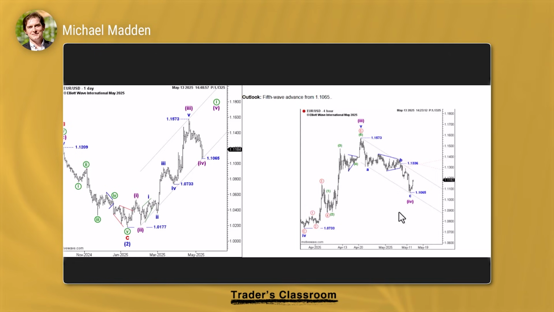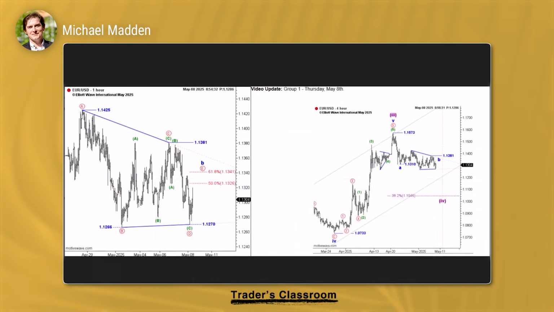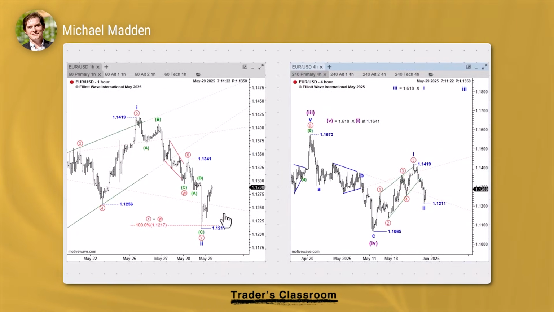And here now is just an example of the push lower into that area, and we can see that we've got a sizable move higher in an impulsive manner, giving us reason to consider that the A equals C relationship is satisfied, and then breaking out of the channel, etc., is the bull's next objective. Key level to work with for the fifth wave forecast. So that's a decent example of the zigzag pattern in real time there for Euro US dollar.